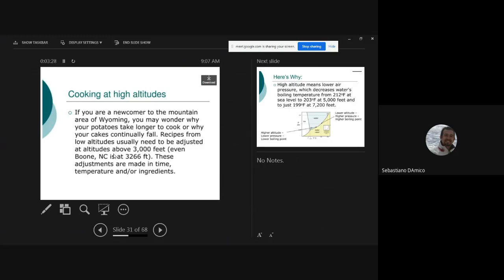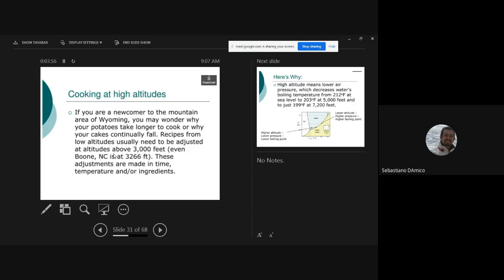It states that if you are a newcomer to the area of Wyoming, you might wonder why potatoes take longer to cook or why your cakes continually fall. Recipes from low altitude usually need to be adjusted at altitudes above 3,000 feet, and these adjustments are made in time, temperature, and or ingredients.